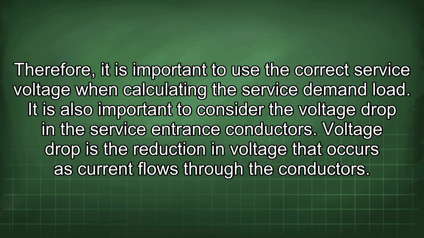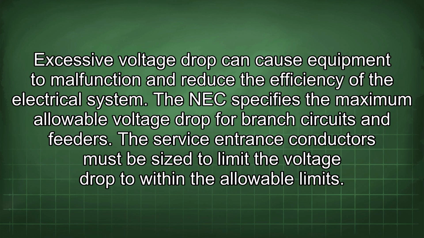It is also important to consider the voltage drop in the service entrance conductors. Voltage drop is the reduction in voltage that occurs as current flows through the conductors. Excessive voltage drop can cause equipment to malfunction and reduce the efficiency of the electrical system. The NEC specifies the maximum allowable voltage drop for branch circuits and feeders.